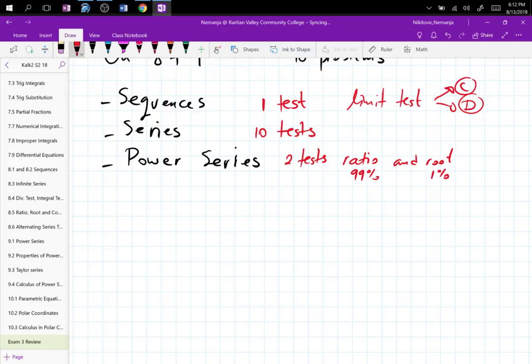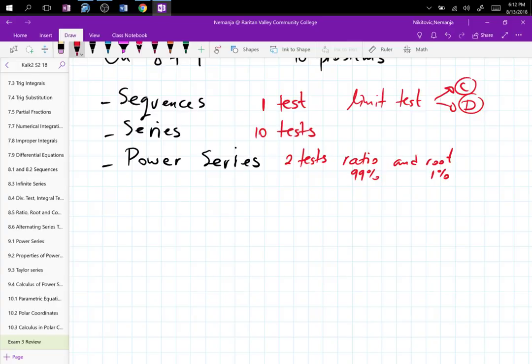So how many tests do you actually have? You have 11 tests: 1 for sequences and 10 for series, and then the root and ratio tests are used for power series as well.